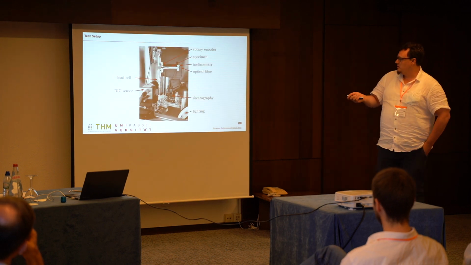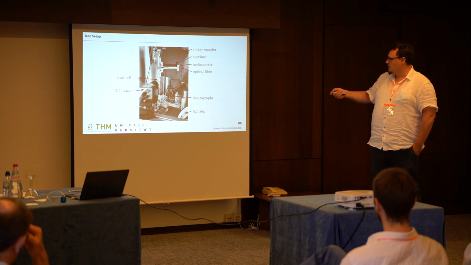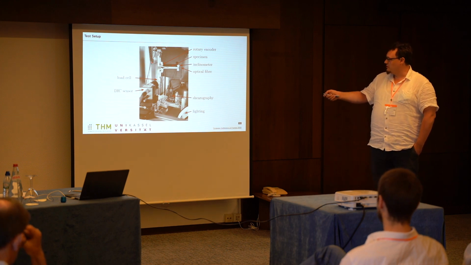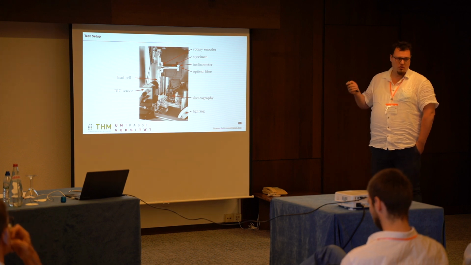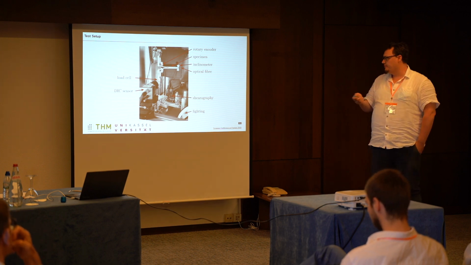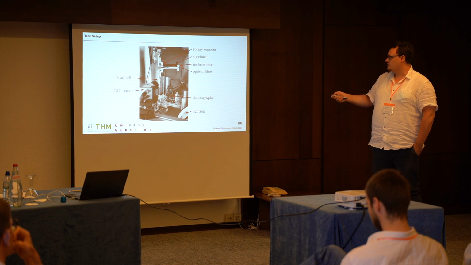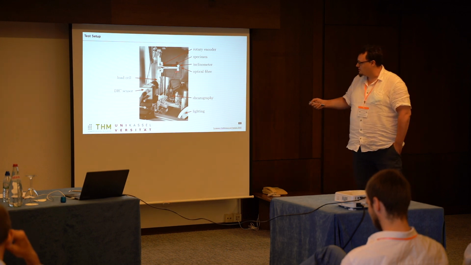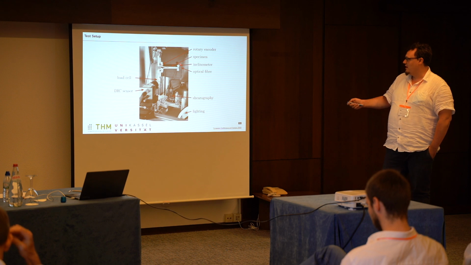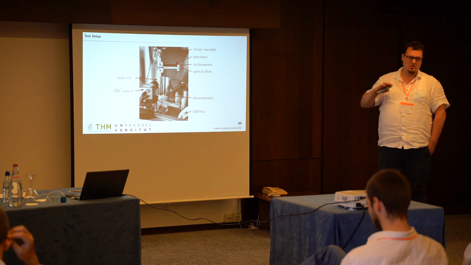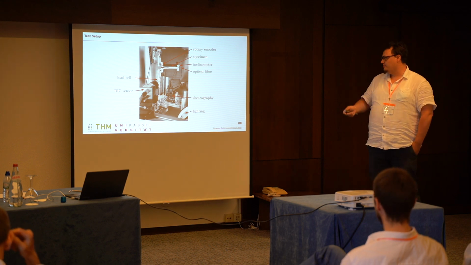On this slide, in the picture, you see the test setup. In the middle of the specimen front there are rotary encoders, and below load cells. That is for calculating the J integral. At the end of the specimen, you see the optical fiber and inclinometers to calculate the end beams' rotation.